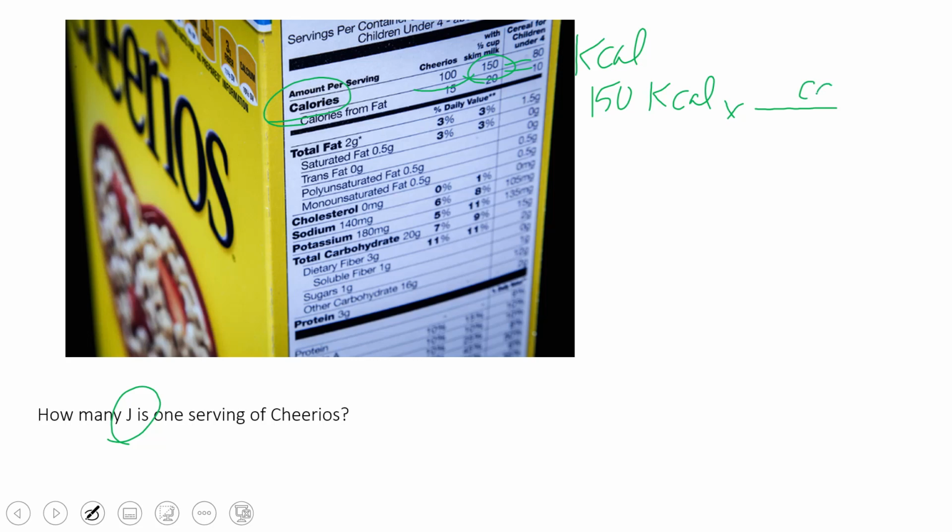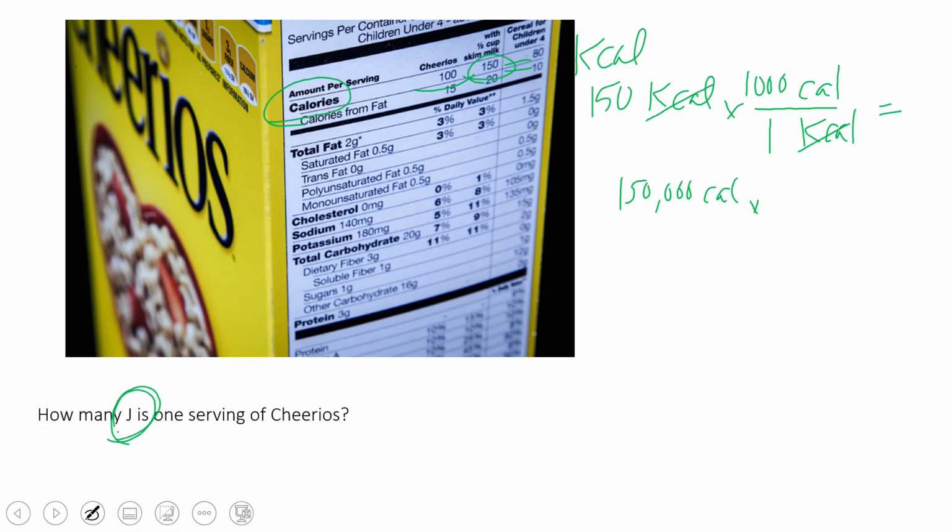I want little cals, and I've got kilocals. And we know that for every 1 kilocal is 1,000 calories. So let's do that conversion first. So I've got 150,000 little calories.